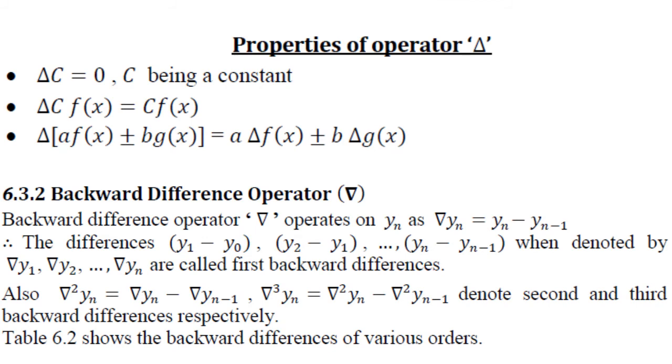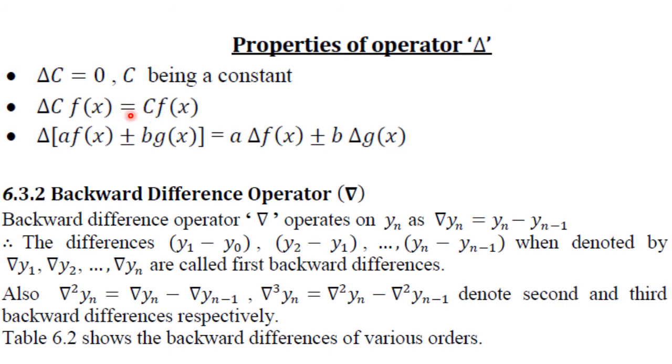So students, here we have different properties. For the del of c, like a normal derivative, the derivative of c is equal to 0, so the del operator on a constant is equal to 0. But if a function is there, then c can be taken out.